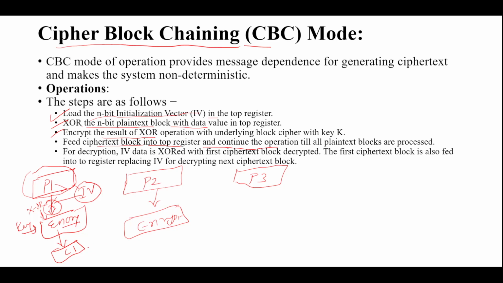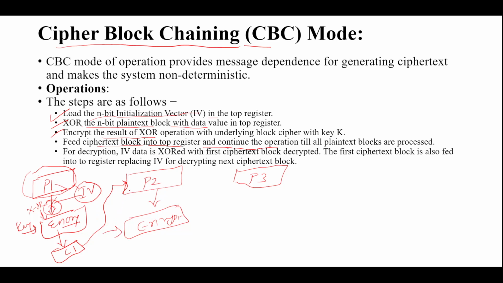The output we generated in the last step is given to the second plaintext. So we follow the same procedure, but the ciphertext of the first block is given to the second block, and then again we encrypt the outcome.